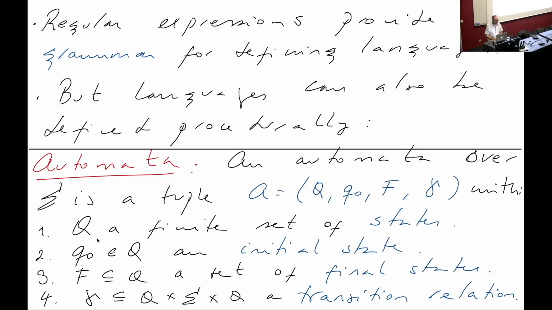An initial state q0 that belongs to the set of states, a distinguished set of final states F, and a transition relation delta. This transition relation contains all tuples (q, a, q') for q a state, a a symbol, and q' another state, such that the automaton is allowed to transition from state q, reading letter a, to state q'. It's a transition relation because we are assuming that the automaton is inherently non-deterministic. By definition, automata will be non-deterministic.